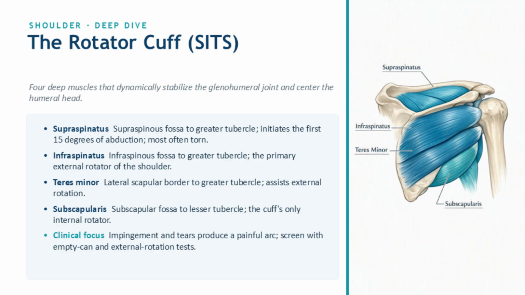Without the rotator cuff, the shoulder would be far less stable and far more vulnerable to injury. As you study these muscles, focus on their location around the scapula and the specific actions they perform. Rotator cuff injuries are among the most common shoulder conditions encountered in both athletic and non-athletic populations. Understanding their anatomy provides a foundation for recognizing common patterns of dysfunction and pain. Next, let's examine where these muscles attach and how they contribute to shoulder range of motion.